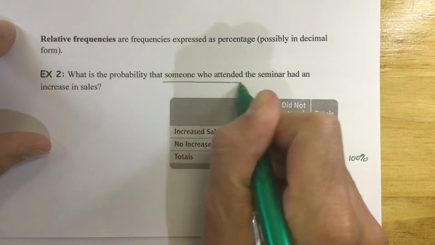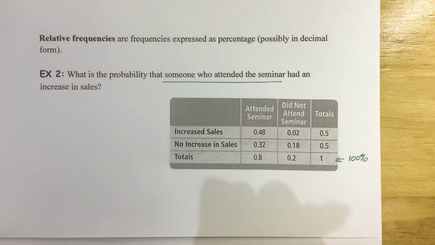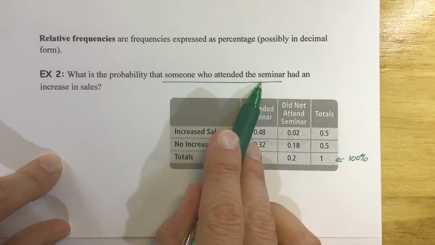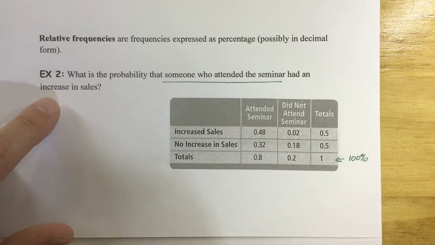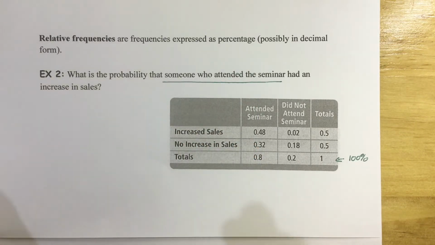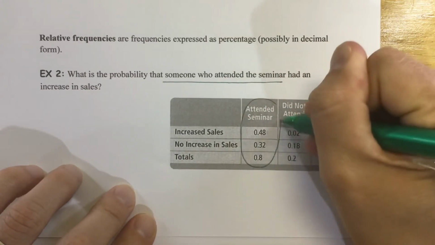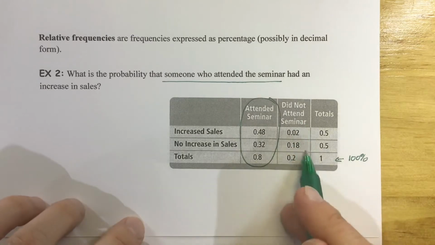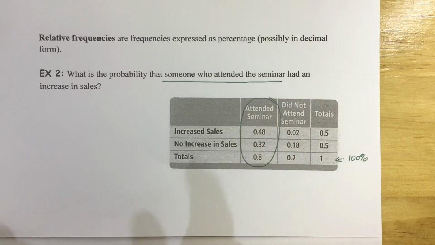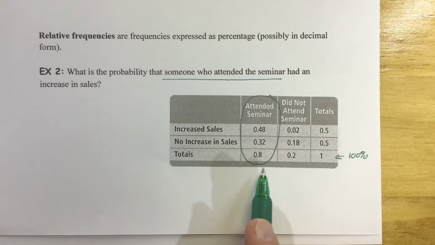So we're choosing from that group. You've got to choose from that one. It's not, what is the probability that we randomly select someone who did go to the seminar and had increased sales? We're saying, what is the probability that someone who attended it had increased sales? I'm trying to emphasize things as much as I can. I don't know if that helps. But it means that we're only looking in this column here. We don't care about people who didn't go. The wording of it tells us that we need to look in this part here.